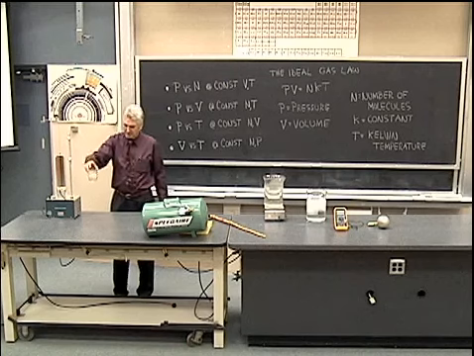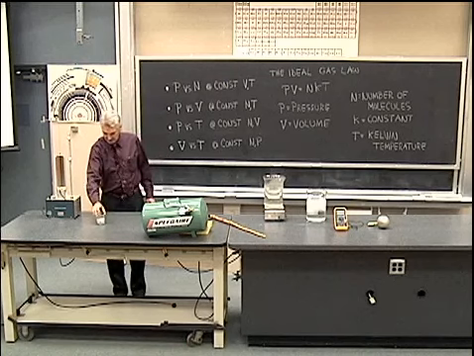So we have some glass BBs in here, and there's a disc in here which will then start those BBs into motion. As that disc spins, it's got some little bumps on it. It'll start those BBs into motion, and that will simulate an increase of temperature in our simulated gas in this chamber here.